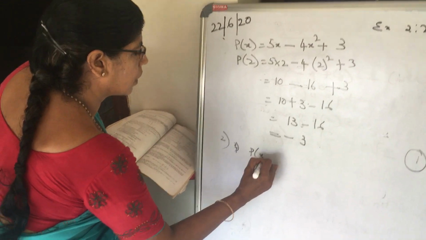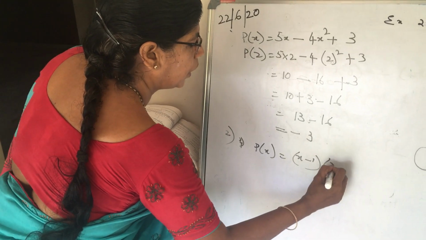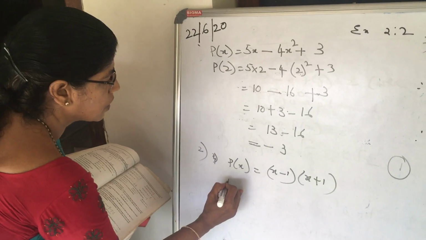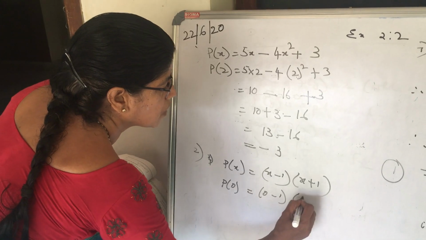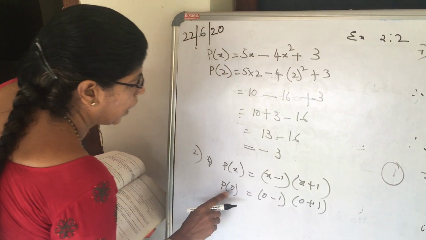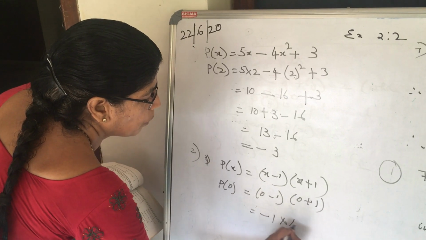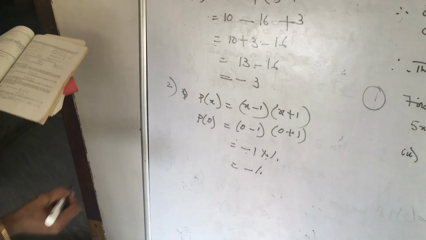P of x is equal to x minus 1 into x plus 1. The first value is P of 0. In the place of x, put 0. Your x is 0. 0 minus 1 into 0 plus 1. Minus into plus, minus.